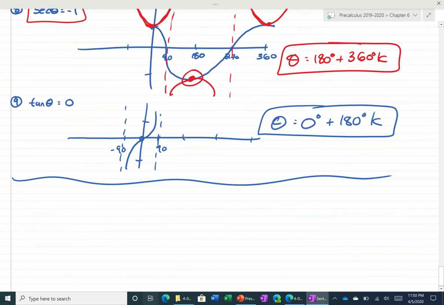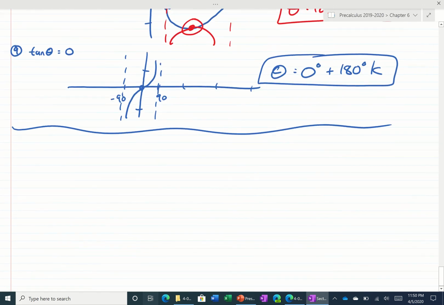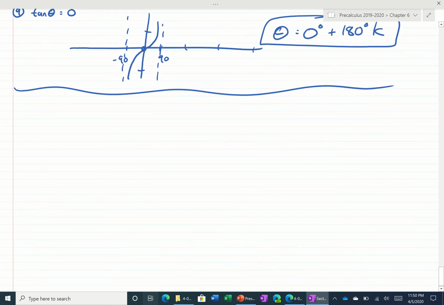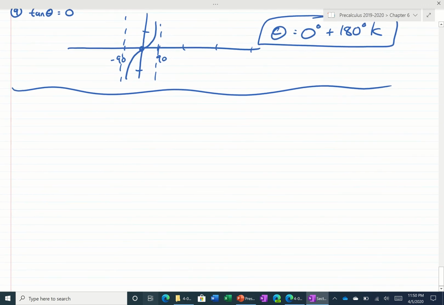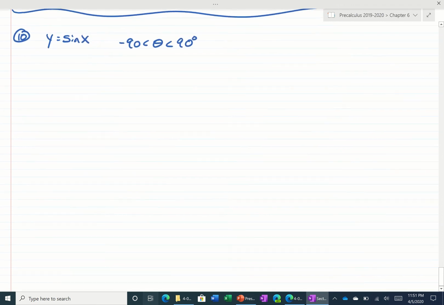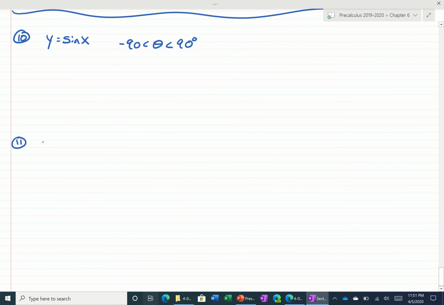Okay, so now let's finish up at the bottom. It's asking us to graph. I just took a look at this quickly, and I saw 10, 11, and 13. So number 10 says y is equal to sine, and we just want to know the graph from negative 90 to 90. It doesn't matter if we use x or theta. Number 11 wants us to graph tangent between negative 90 and 270, including these.